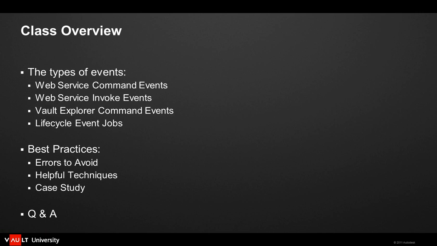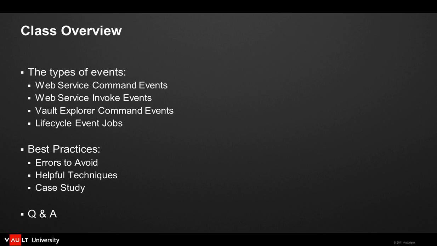Here's the structure of this webinar. I'm going to talk about each of the 4 types of events in isolation: what they do, how they work, and what all of the rules are. After that I'm going to go into best practices: common errors you want to avoid, and some techniques.